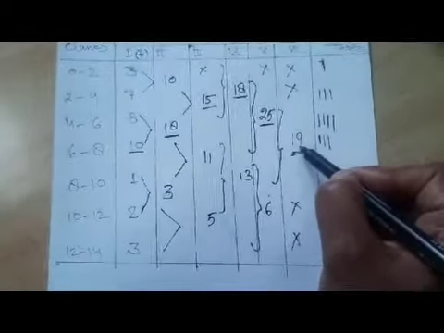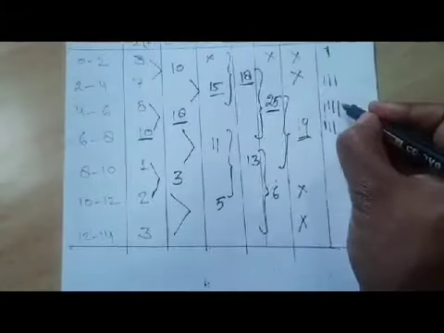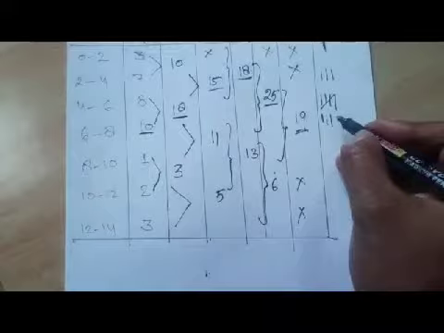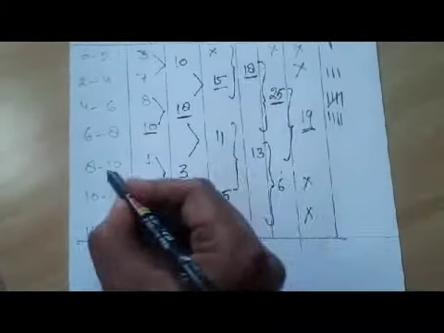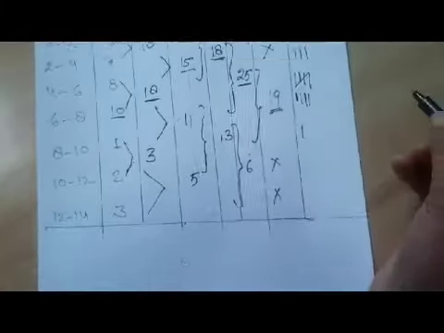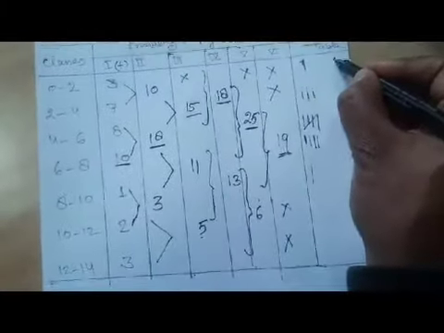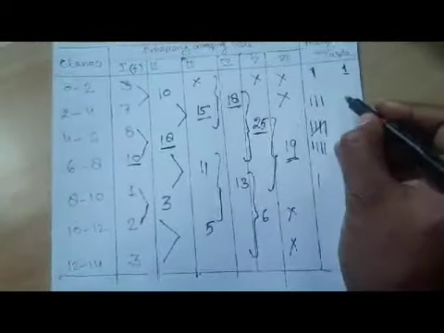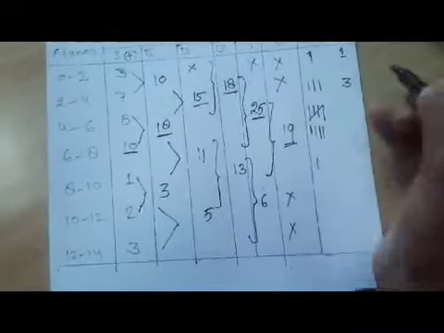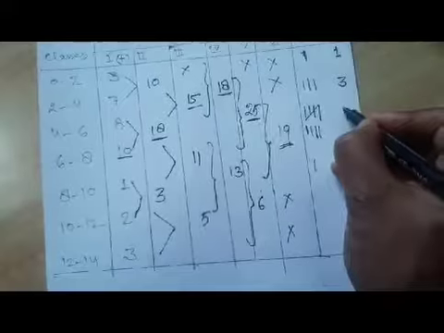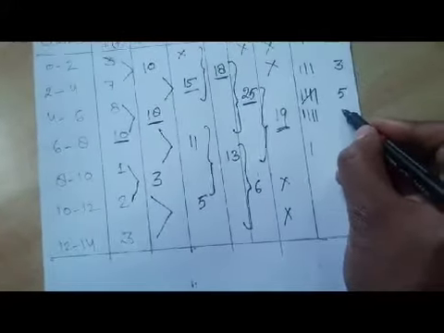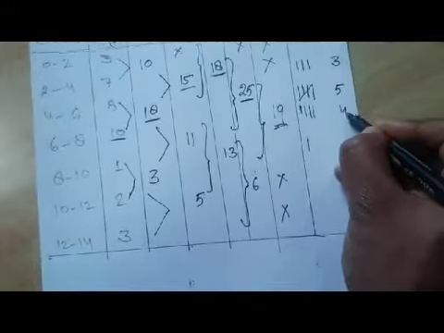How is 19 made up of? 8, that means this 1, 4 to 6, 6 to 8, and then 8 to 10 gets 1 tally marking. So now we see the 0 to 2 class gets 1 tally mark, 3 tally marks to the 2 to 4 class, 5 tally marks to the 4 to 6 class, and 4 tally marks to the 6 to 8 class.